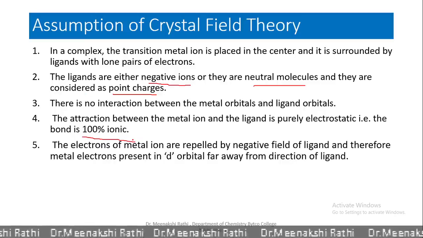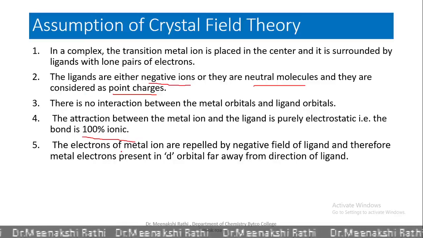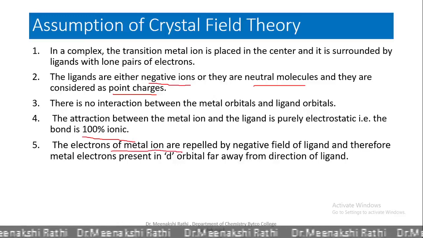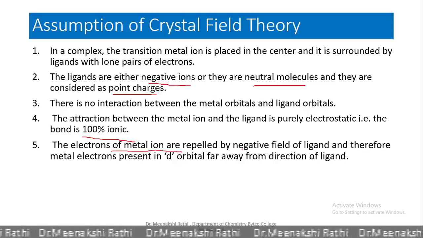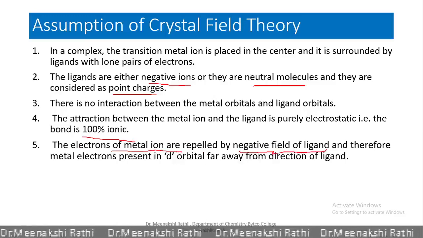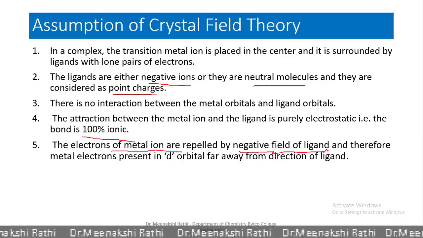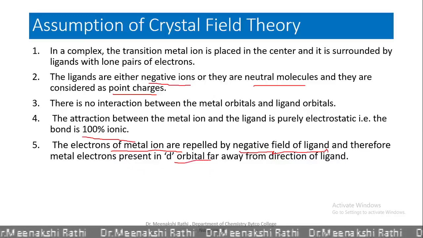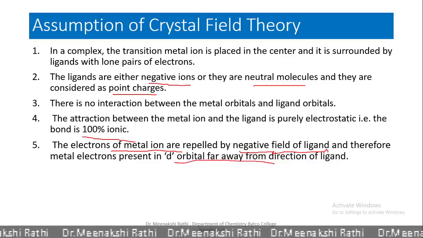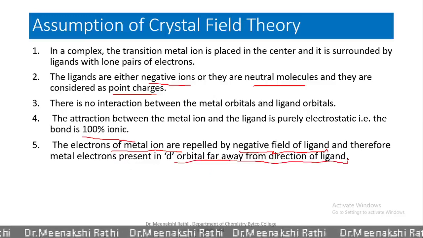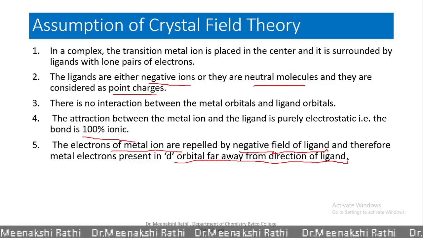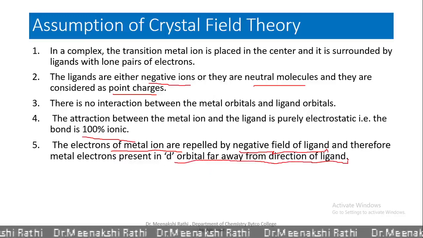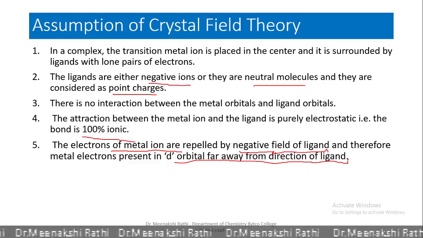The next assumption is that the electrons of the central metal ion are repelled by the negative field of the ligands, and therefore metal electrons are present in d orbitals far away from the direction of the ligands.